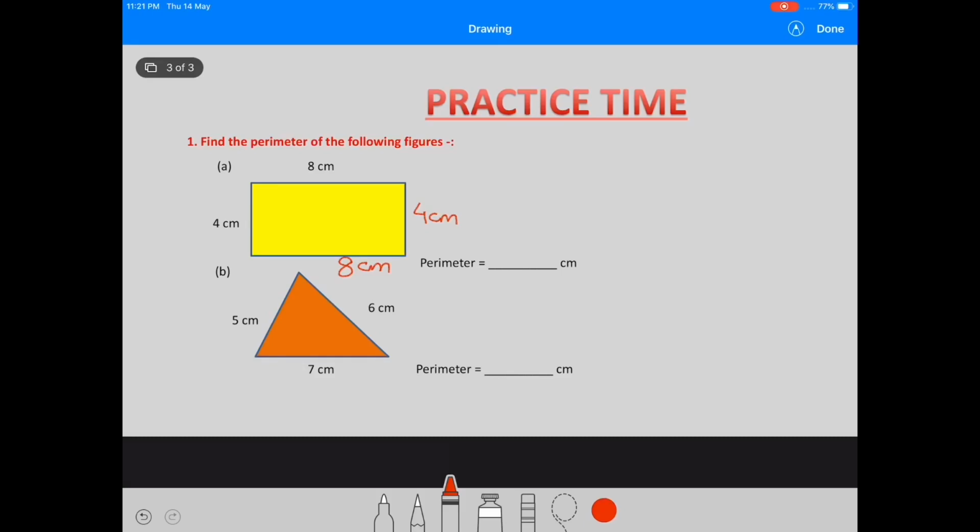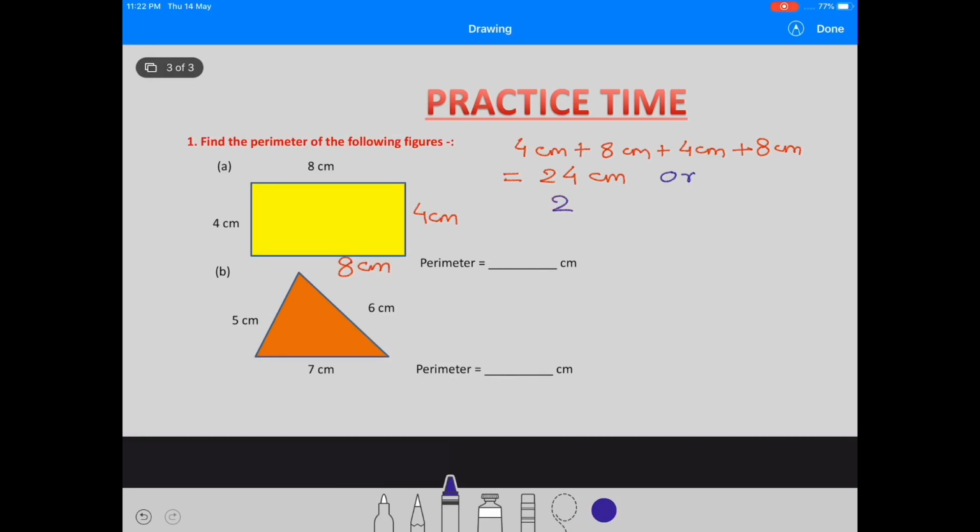So the boundary is equal to 4 cm plus 8 cm plus 4 cm plus 8 cm is equal to 24 cm.